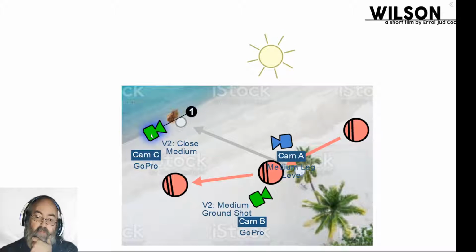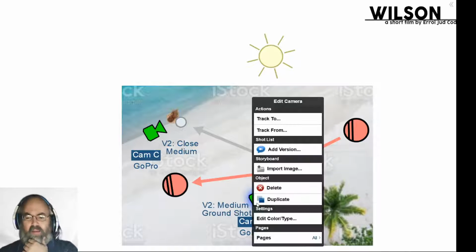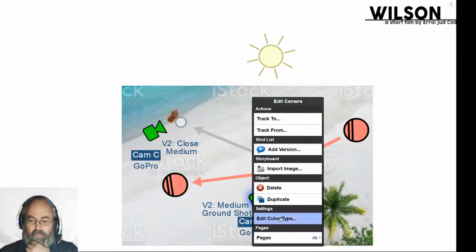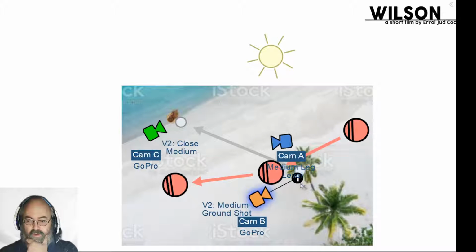Keep that one there, because that's the GoPro. My camera B is actually, unless I get a different camera to use for it, let me change its color. It's actually if it's a mobile phone, or some other sort of camera, which is my orange.